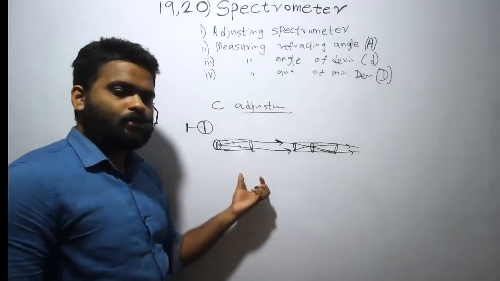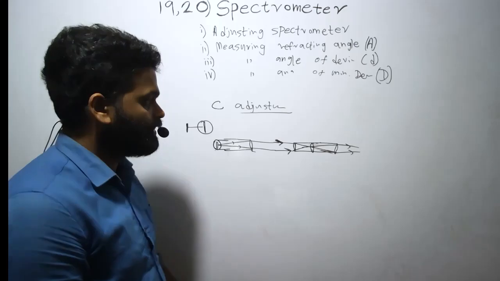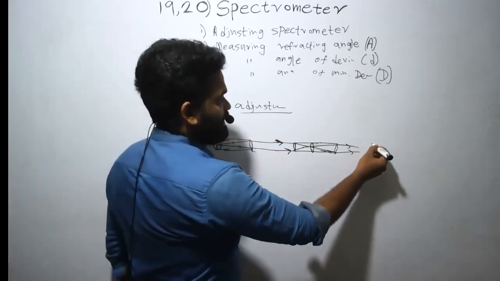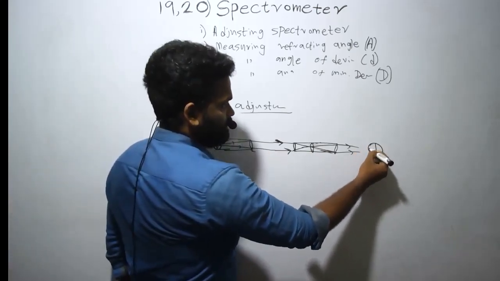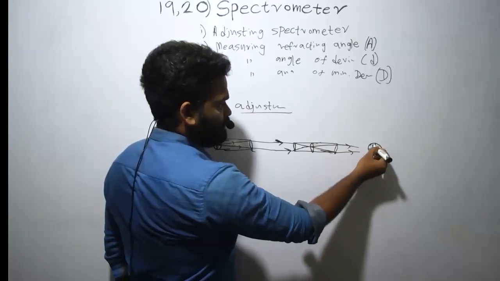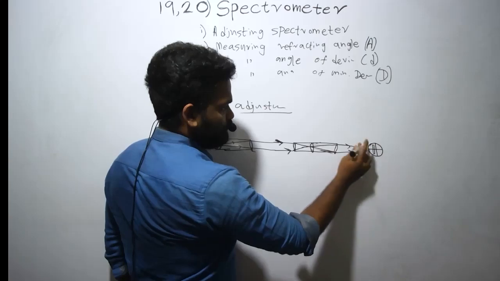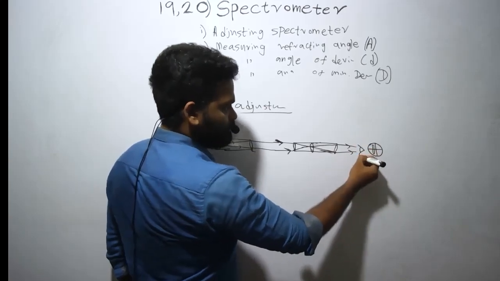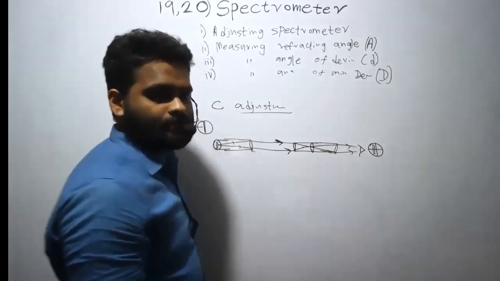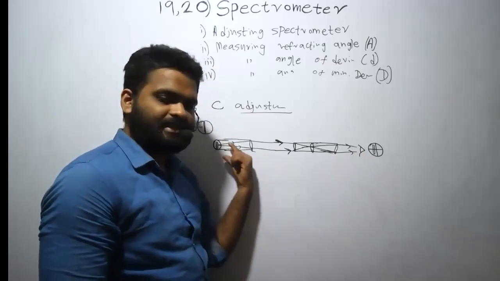So how do we know that this has produced parallel light? You need to see this, and that also should be observed through the telescope. You cannot see these rays.